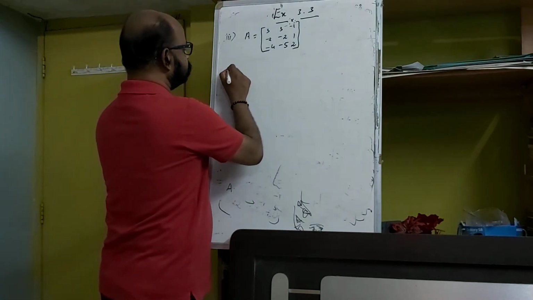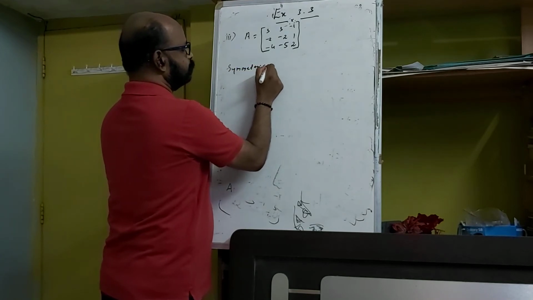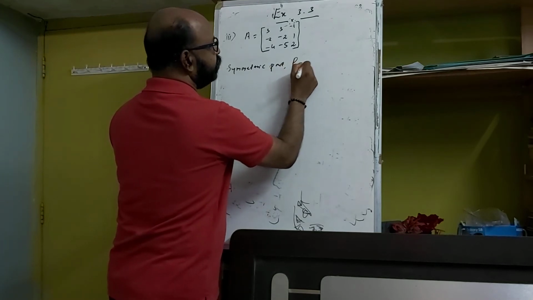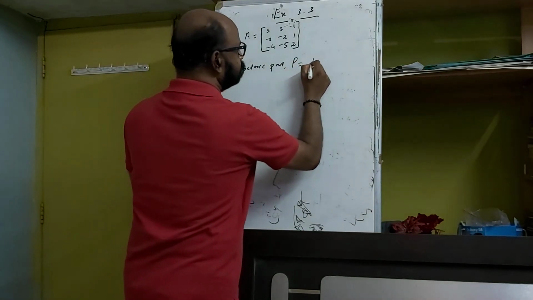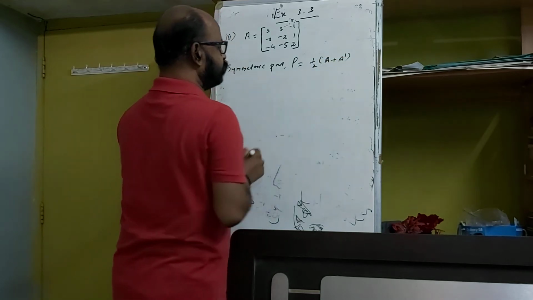Then the symmetric part we name as P, that is equal to half into A plus A transpose.